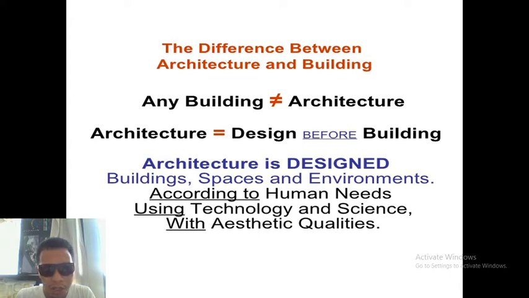As you progress as an architecture student, you will understand these things more, as you continue in your architecture school. When you talk about architecture, buildings, spaces, it has something to do with the environments, which has to respond to the needs of those people who will be utilizing the structure or the building.